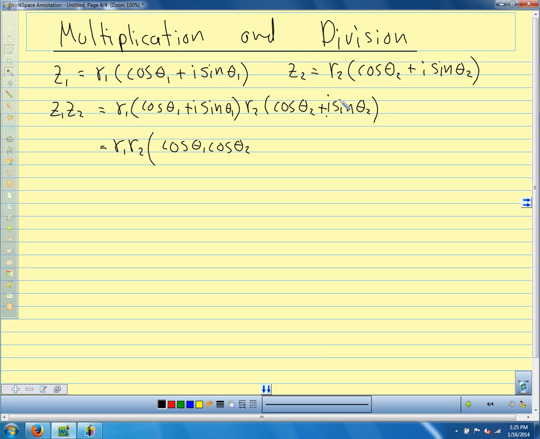My outside, this times this, I get plus i times cosine theta 1 sine theta 2. Inside, and I'm going to write the cosines first, cosine theta 2 sine theta 1. And then the last, i squared is -1, so I get a minus sine theta 1 sine theta 2.